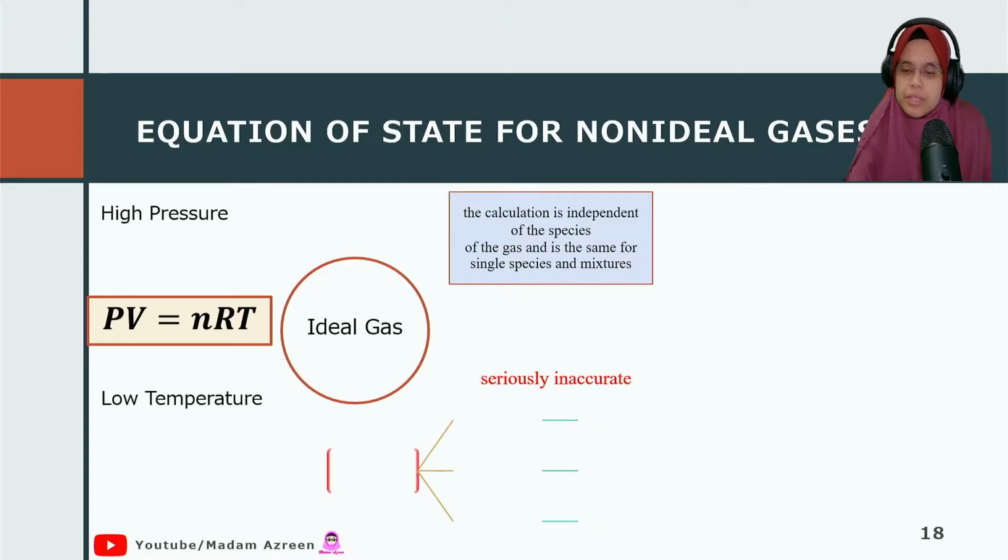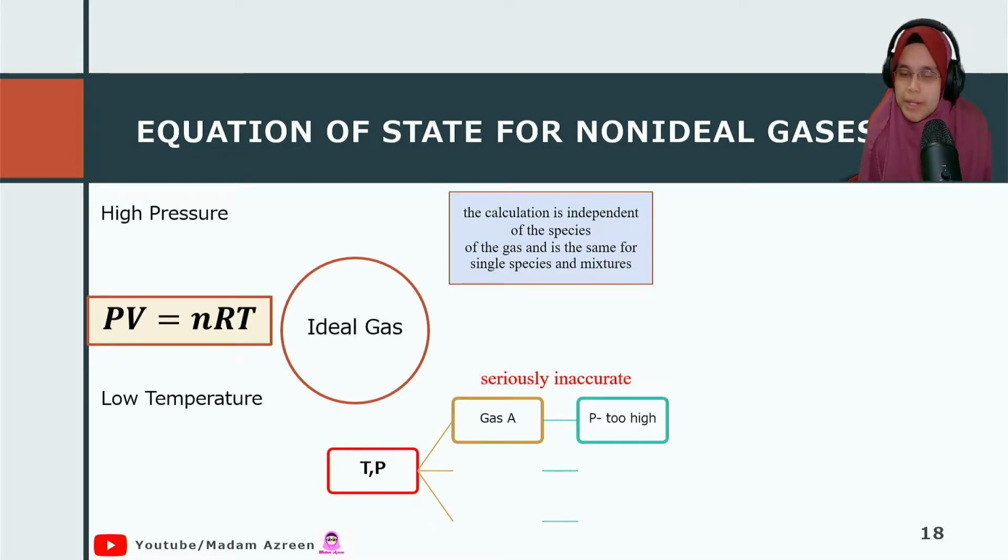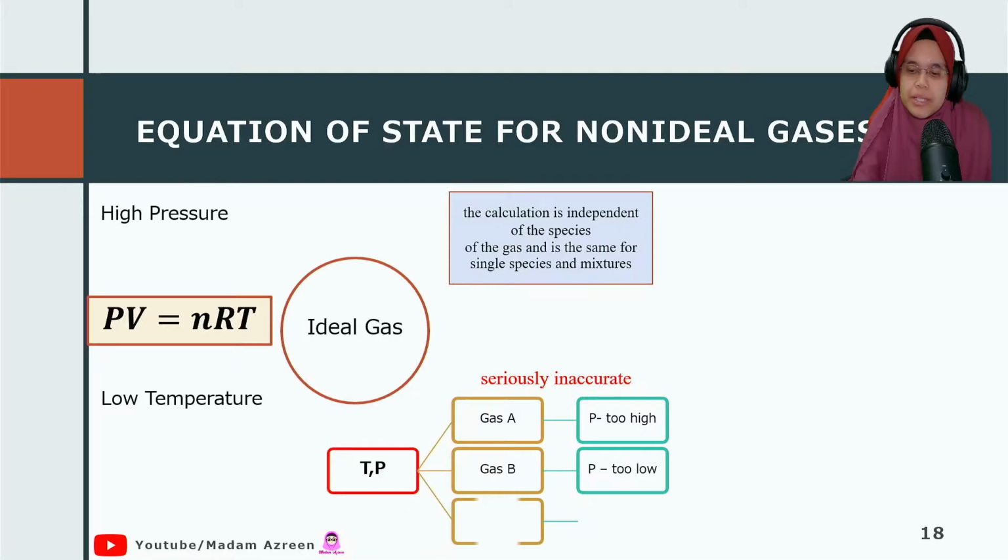Okay, for example, at one temperature and pressure, for gas A, the pressure could be too high. For gas B, the pressure could be too low. And for gas C, it could be quite okay. So it is difficult for us to determine which one is correct and which one is not.